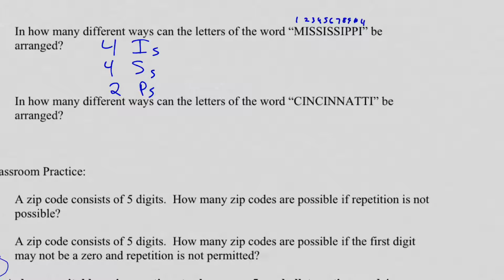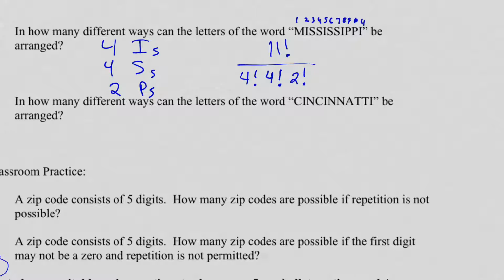All right, so that means we need to do 11 factorial. That's if all the letters were different, we would leave it like that. But they're not different. There's duplicates. So, we got to do the 4 I's, the 4 S's, and the 2 P's. M is only once. I'm only doing repeats in the bottom.